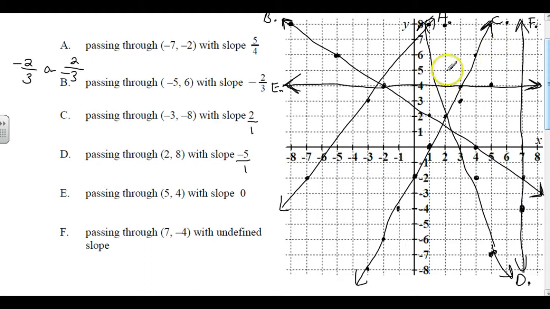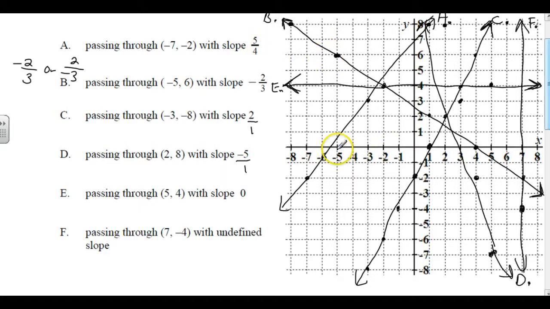So what do we do? We find the point. We use the definition of slope. We go both ways if we can. When we have a slope of negative 2/3, we go down 2, right 3, or we go up 2, left 3. When we have points like (-3, -8), these were all kind of on the ends. But I could take a slope of negative 5 over negative 4.